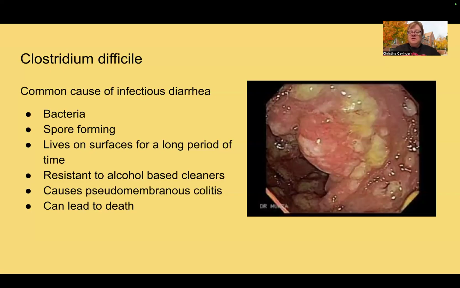So you do want to try to colonize the gut with good bacteria. They'll tell you to eat yogurt and things like that to help reestablish a good colony in your gut. Over time, like I said, if it's not treated, it can lead to death. And many people get reinfected with it because once you have it, it's very hard to get rid of.